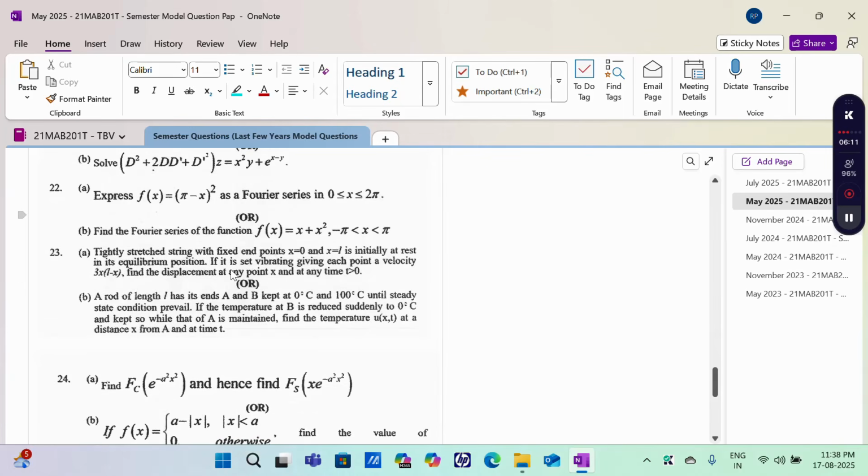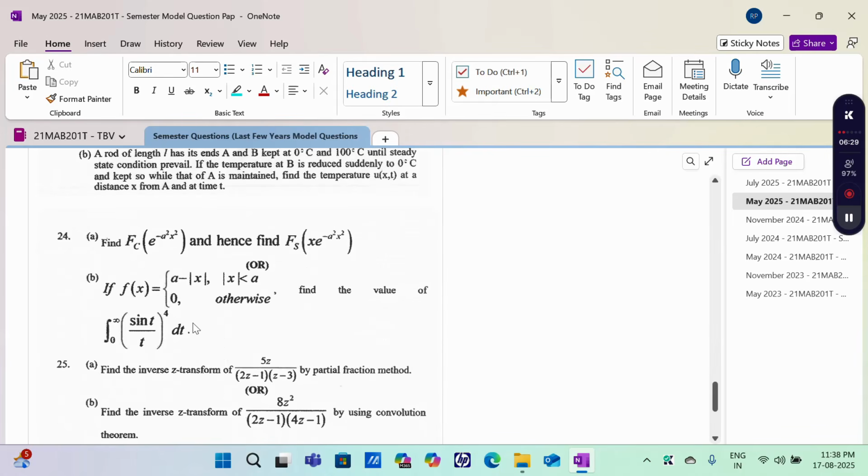And 23a is nothing but a string type of problem, one dimensional wave equation, and one dimensional heat equation for our choice, rod, so temperature. So 23a is a one dimensional wave equation problem, 23b is a one dimensional heat equation type of problem. And 24a Fourier transform.